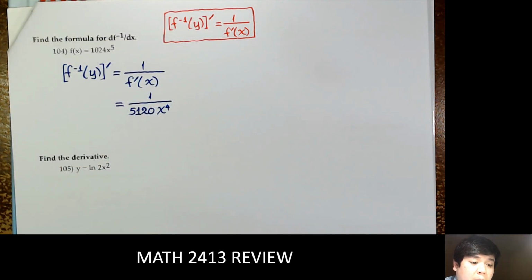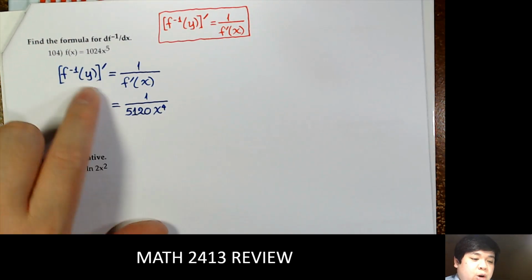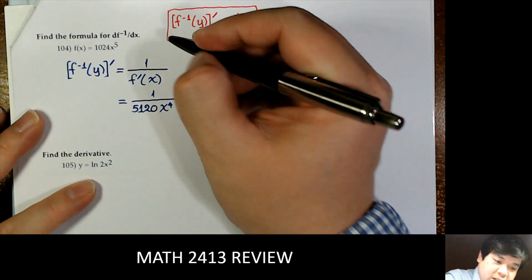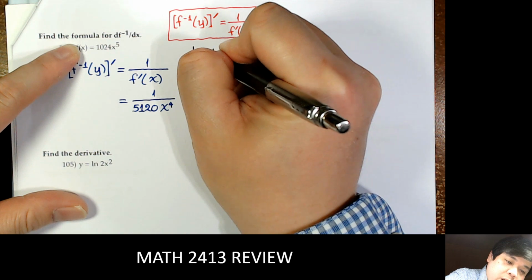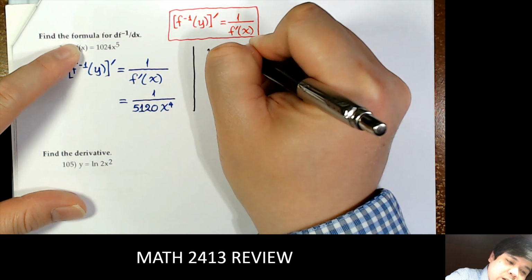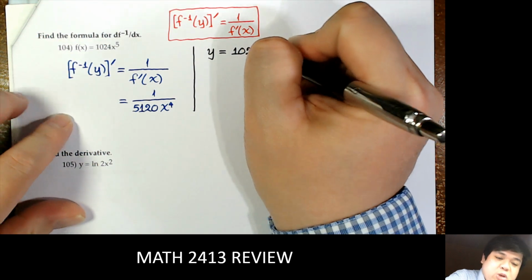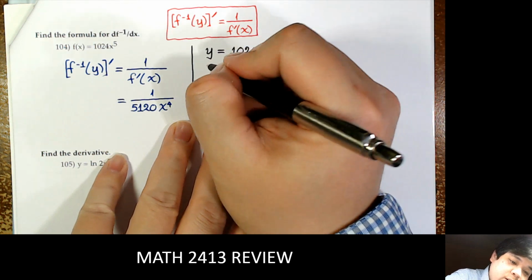But here's why we should change the variable back to the same thing. So I will do that on this side. Originally, I will write y equal to 1024 x to the fifth. Now we need to solve for x to the fifth. So divide by 1024.